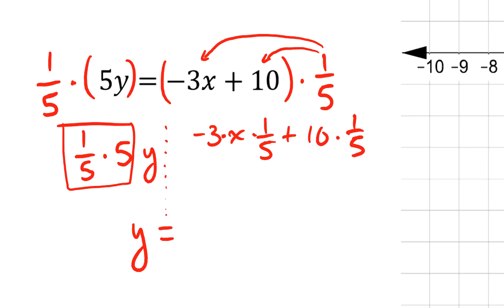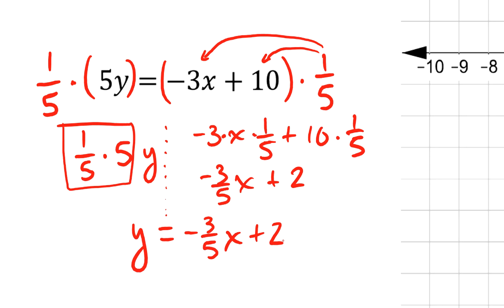So 3 times an x times 1/5, that's the same as negative 3/5 x, and then plus 10 times 1/5 is 10 over 5, which is just the number 2. So my equation in slope-intercept form is y equals negative 3/5 x plus 2.